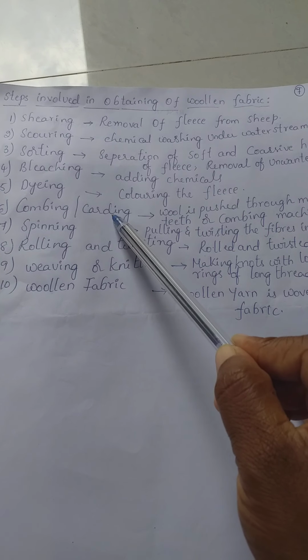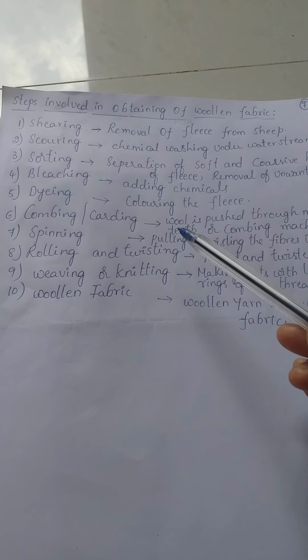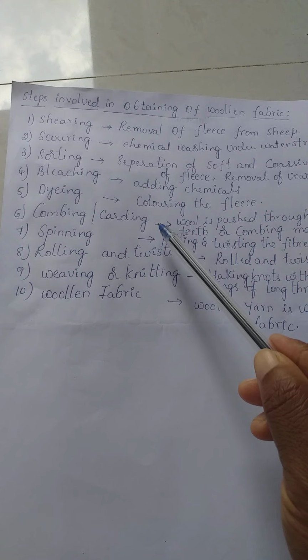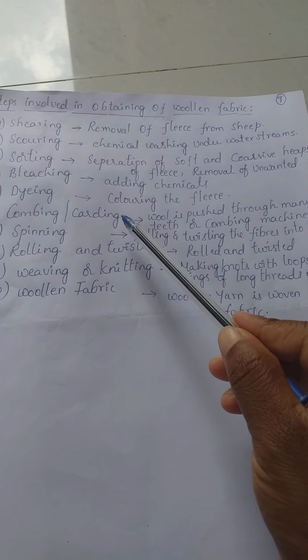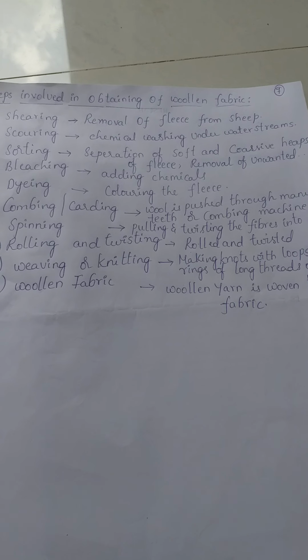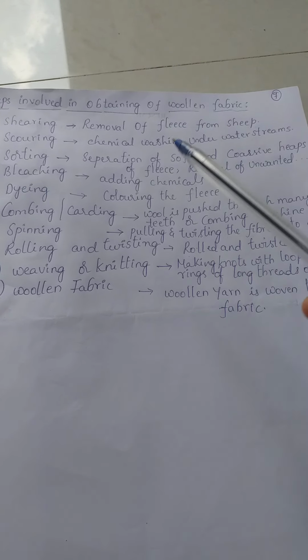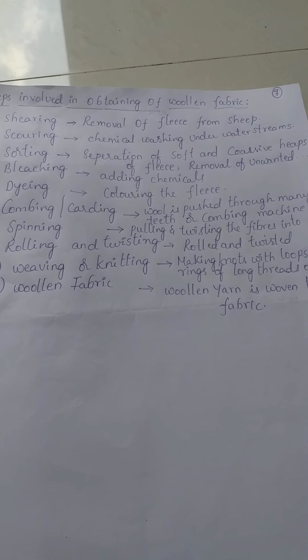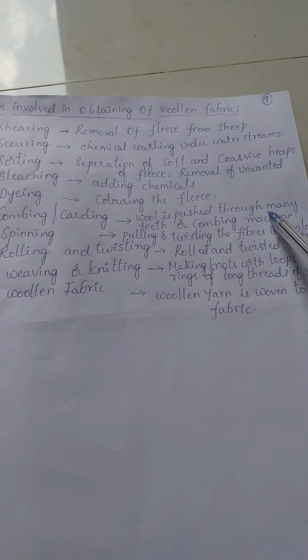Next one, combing and carding. This is done by using cardboards or a board with different twisted teeth. This is done to soften the wool. Here wool is pushed through many teeth or combing machines.